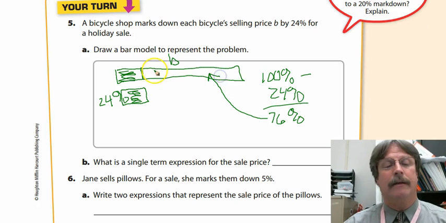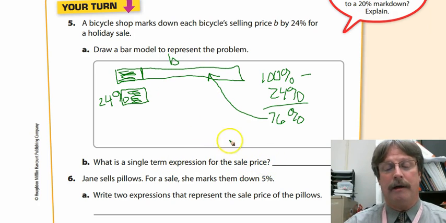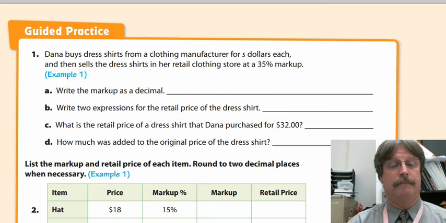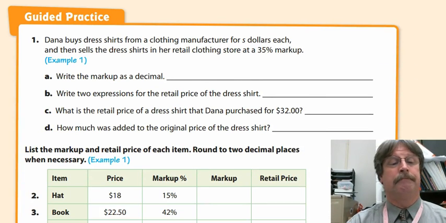What is a single term expression for the sale price? So if you look up above, you can see what you're going to come up with to fill in there. Again, write two expressions that represent the sale price. You're going to be using 5%. The examples above do a really good job to help you out. You have the guided practice here. You're going to go through, again, figuring out the markup, markdown.